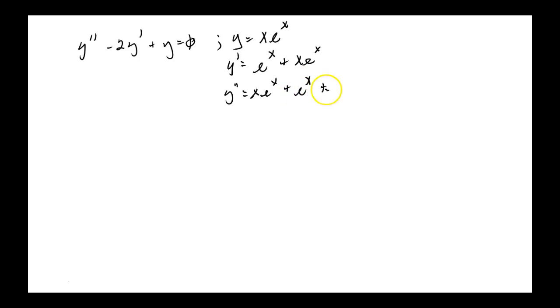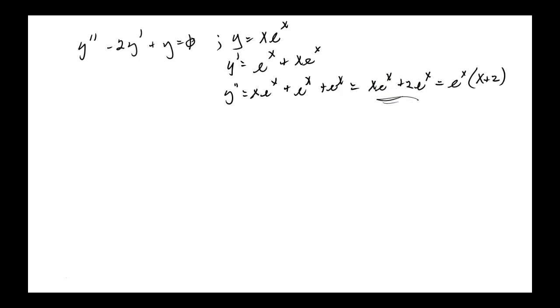E to the x plus e to the x, which you could write as x e to the x plus 2 e to the x, right? Another way you could write it, not that this is any better, you could have pulled out e to the x times x plus 2. You could do that, but you don't have to. I actually like this middle form best.